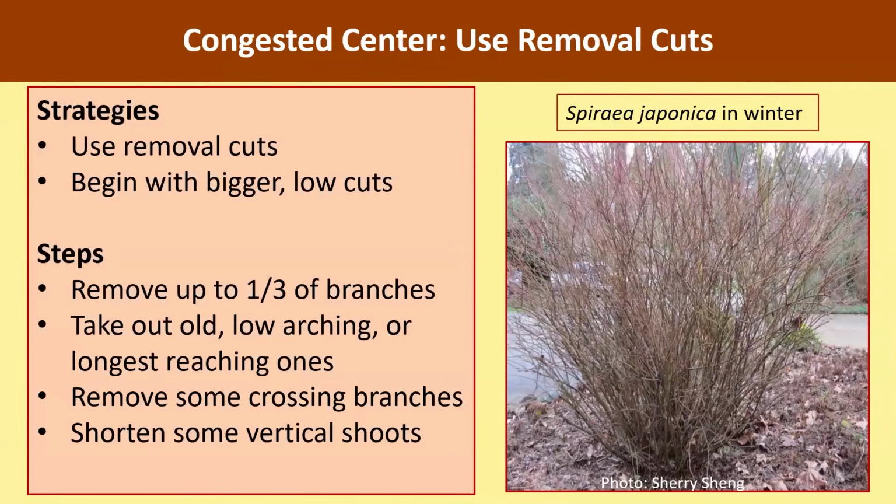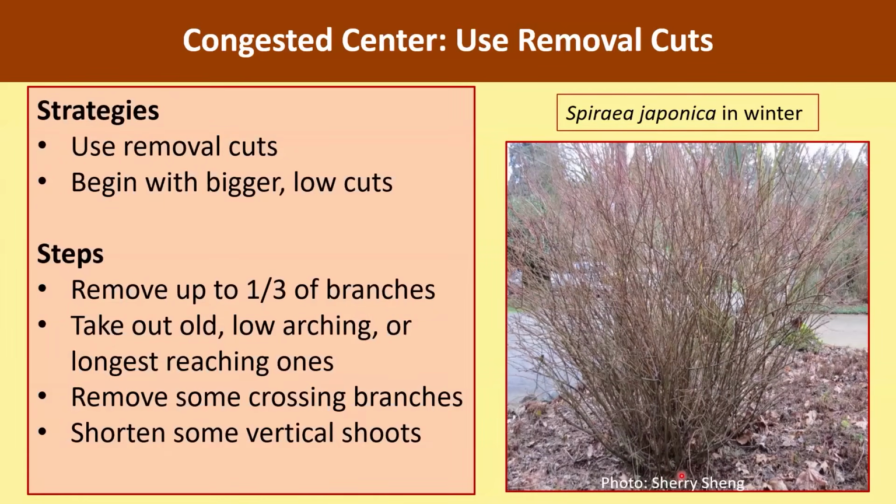Well, what if your shrub has a congested center like the spirea? The strategy here is to use removal cuts and begin with the bigger, low cuts. So this is what you do. Get down on the ground, remove up to 1/3 of the branches, make cuts as low as possible.